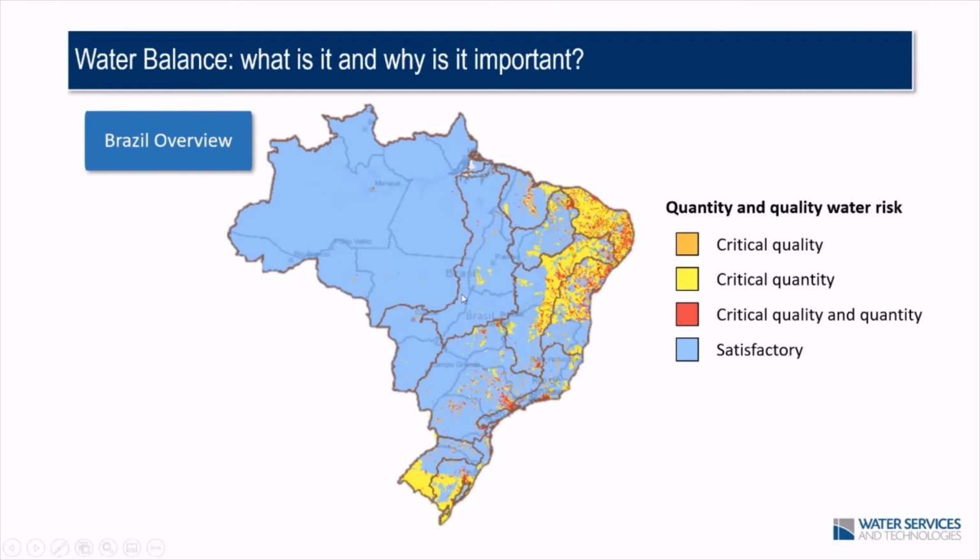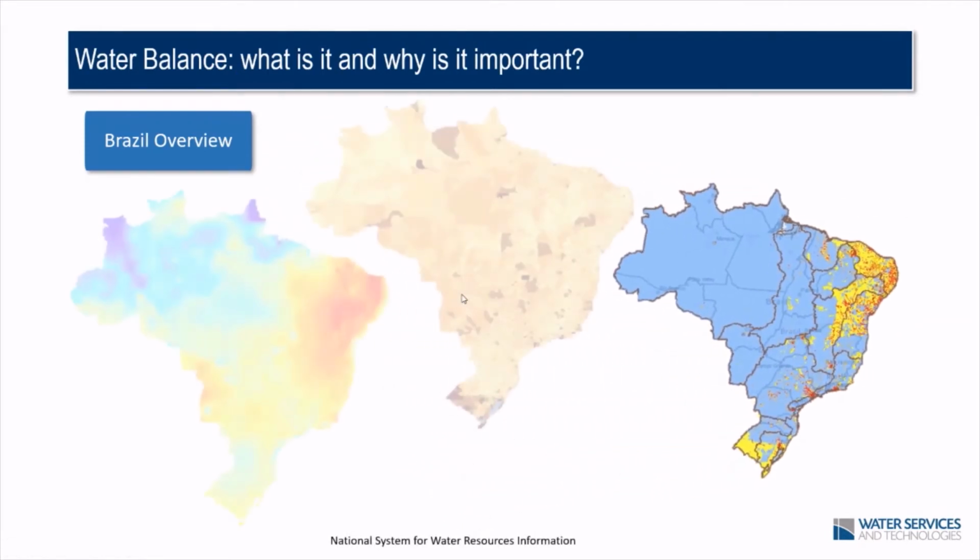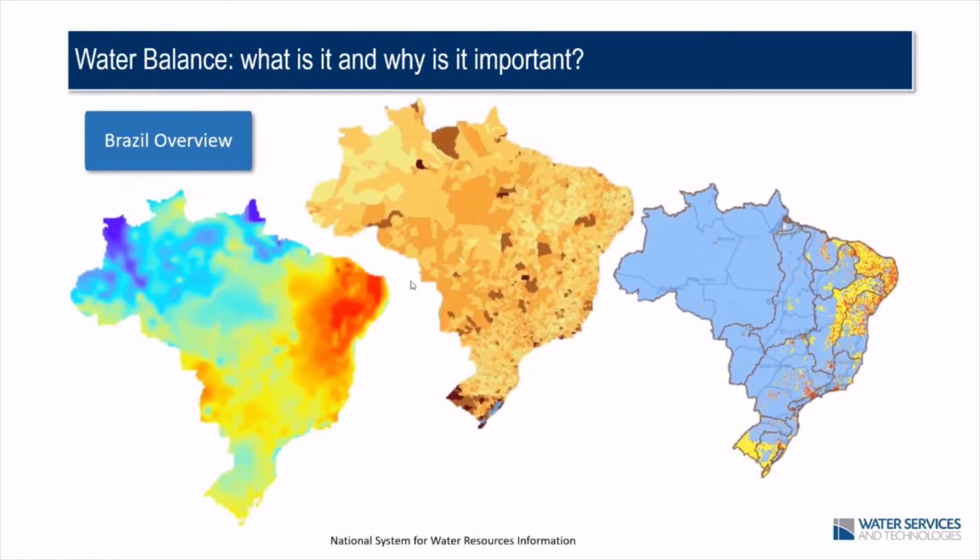So if we look here at all the three maps together, you can see here that few precipitation, and we have some water use here, and we have this critical water quantity risk here.